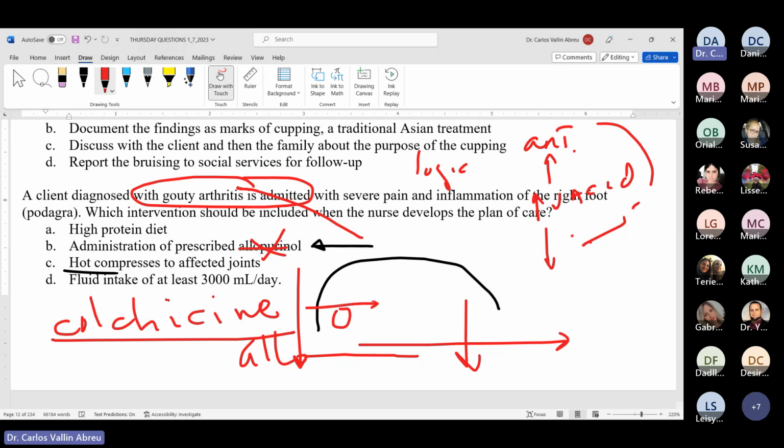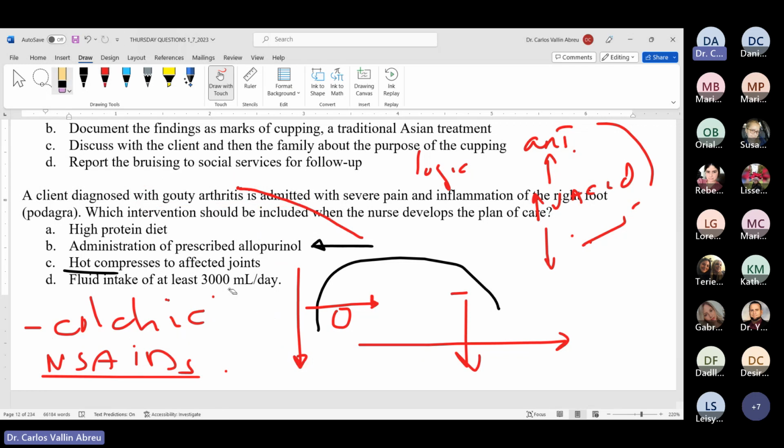Colchicine in some clients produces diarrhea and is not tolerated. In that case, they give NSAIDs. For example, indomethacin, Indocin, is frequently used, but it can be ibuprofen, Advil, etc. But the drug of choice for the acute arthritis is colchicine, not the allopurinol, because that is what evidence has demonstrated.